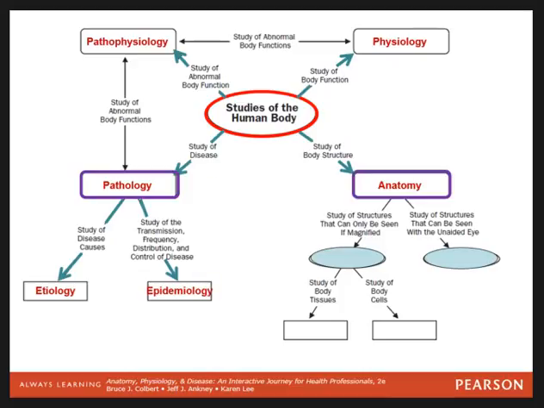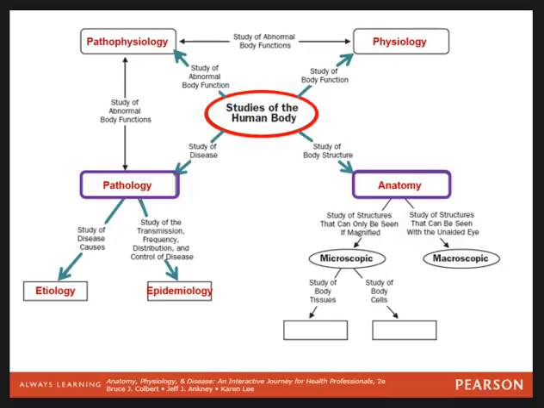Okay, now let's talk again about anatomy. So before I had some slides and we talk about the structure that can be seen with the unaided eye, that would be macroscopic anatomy. And then the study of the structures that can only be seen when magnified would be microscopic anatomy.